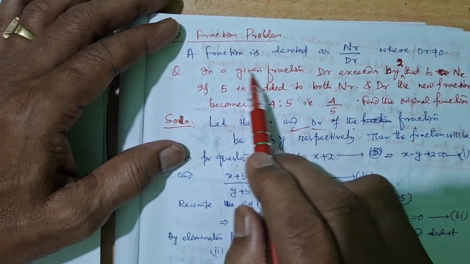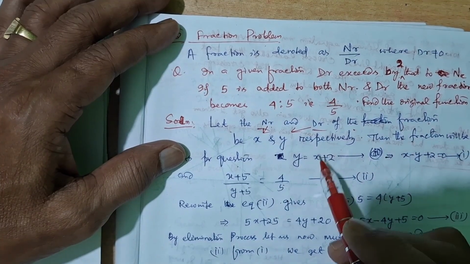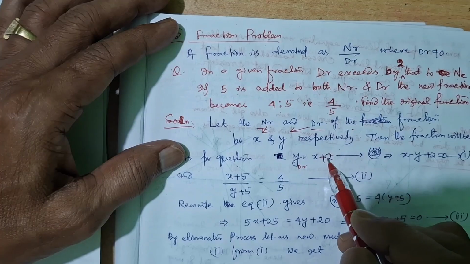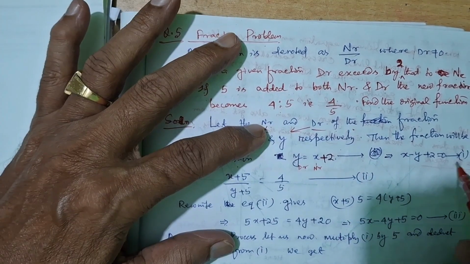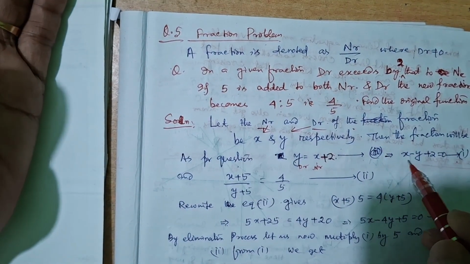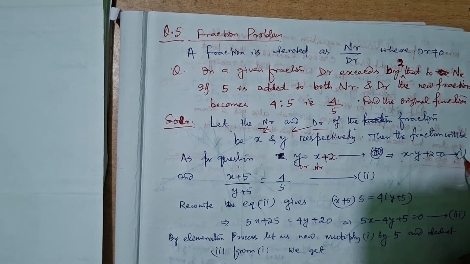Why? In the given problem, the denominator exceeds the numerator by 2. In equation form, we can write x minus y plus 2 is equal to 0. It is the first equation.